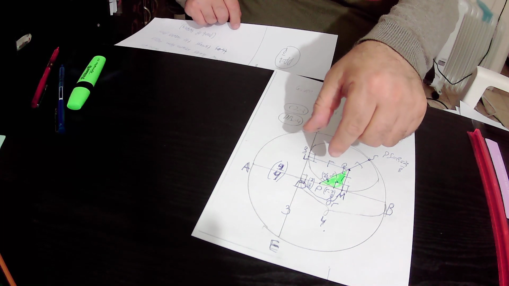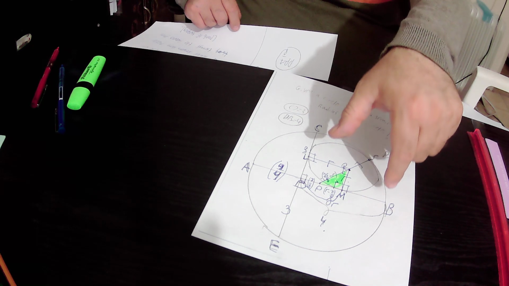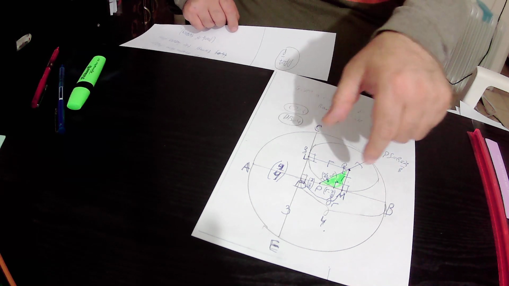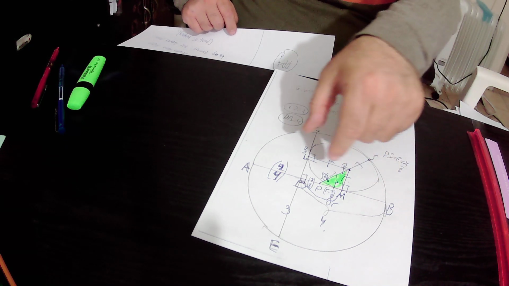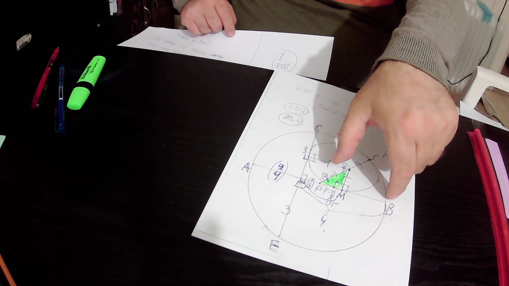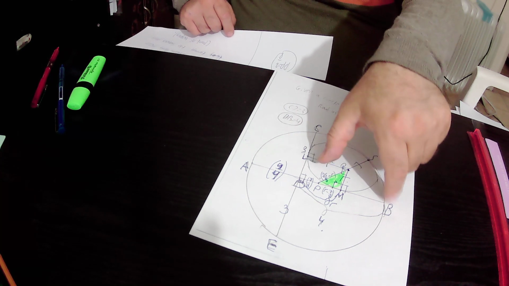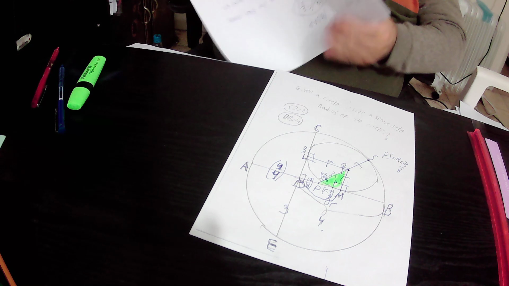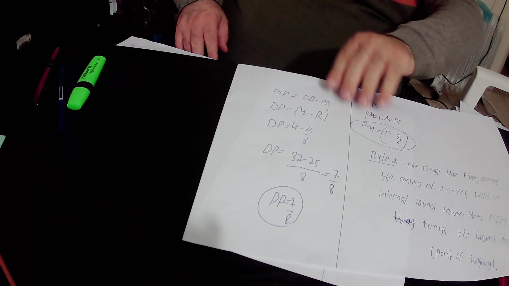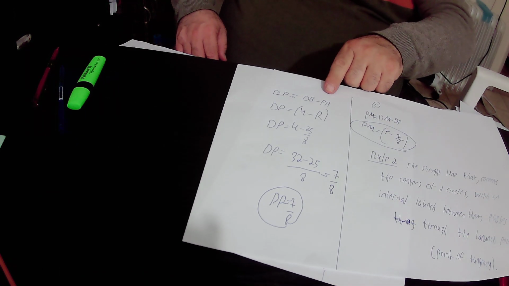What is the length of DP? DP equals DB minus PB. Again, DP equals DB minus PB.